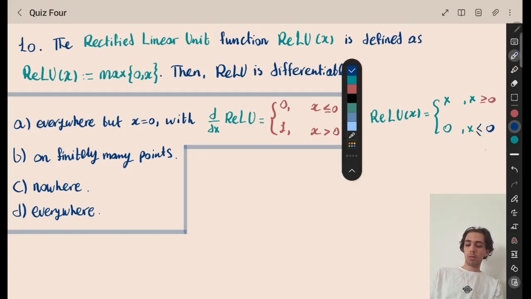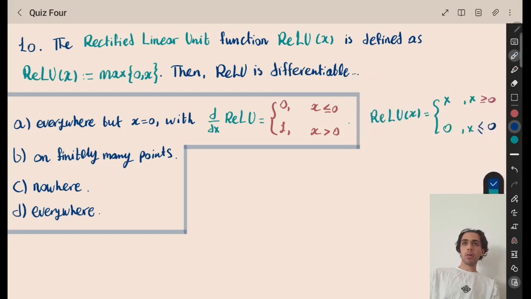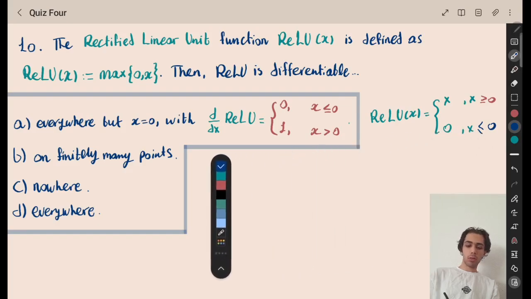Well, smaller than or equal to 0 also. Because if we take the limit from the left and the right at 0 of ReLU of x, we get 0 here and we get 0 there. So it's fine. It's nice. Okay. So that is good.